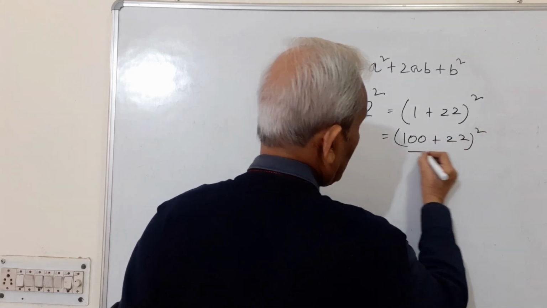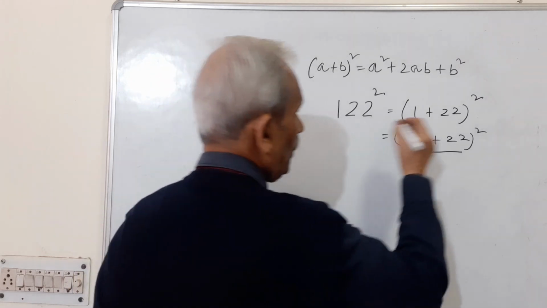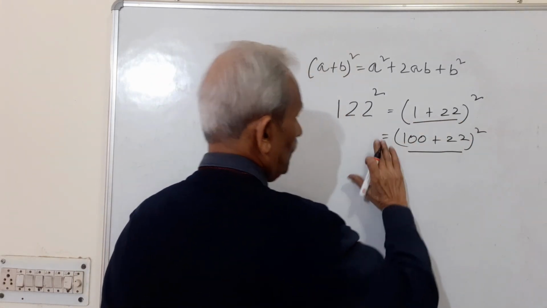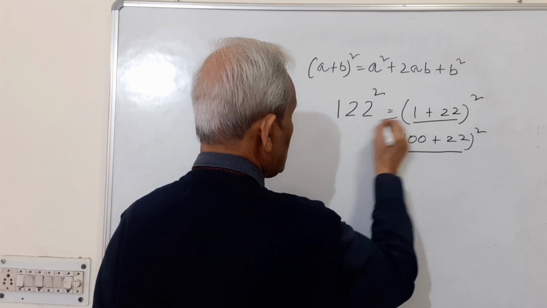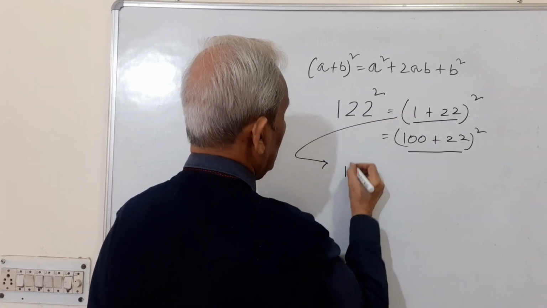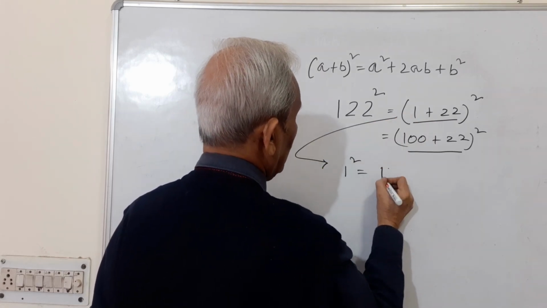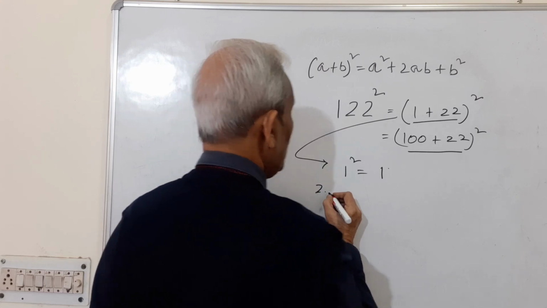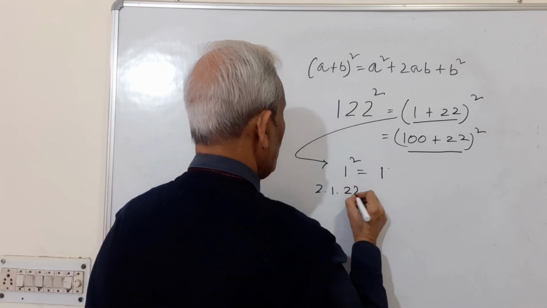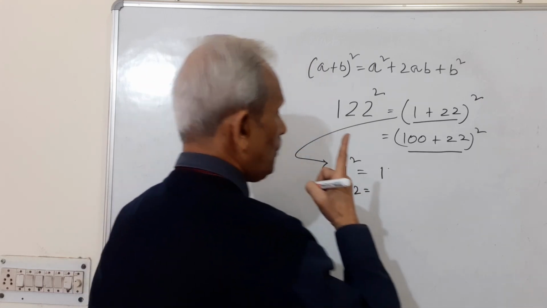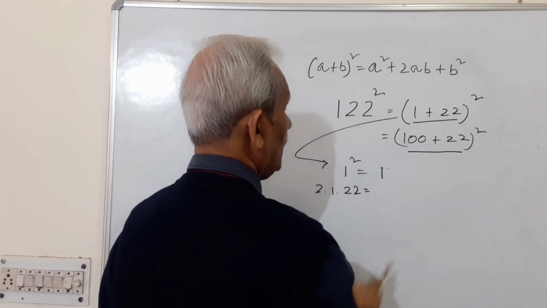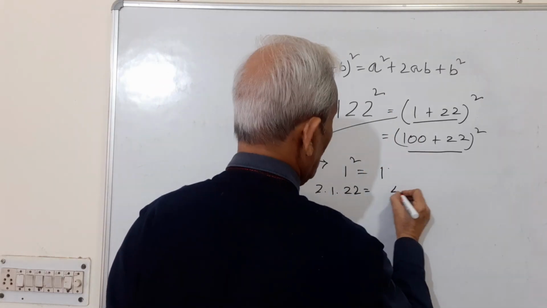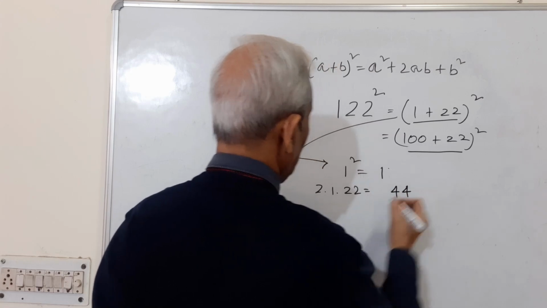This is what I mean internally. Now we will follow this, you just have to remember. A square is 1. Write down 1 here. 2 into A into B is 2 into 1 into 22, which is equal to 44. Now when you take 2 zeros, there are 2 spaces, so we will shift and write 44 here.